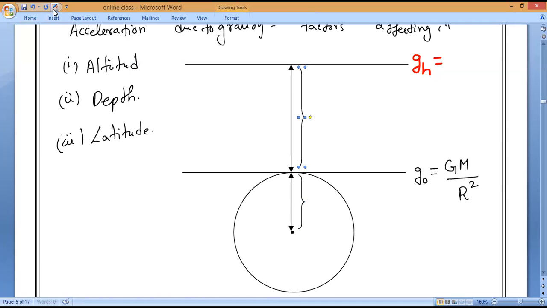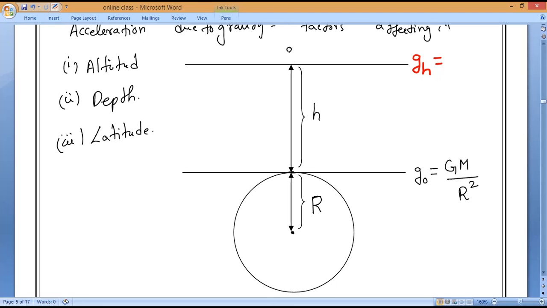This is the height which I traveled, and this is the radius of the planet or any object. If I am standing on the surface, the distance between the object and the center of the planet is approximately the radius, R. Now I travel a certain distance above the ground.